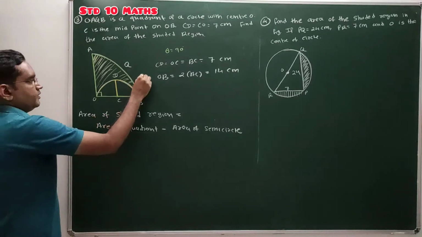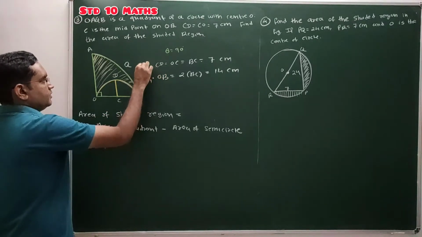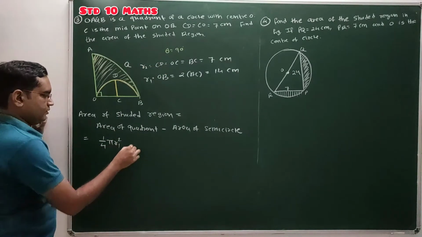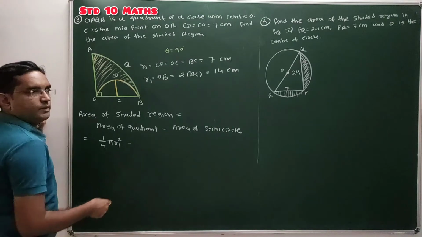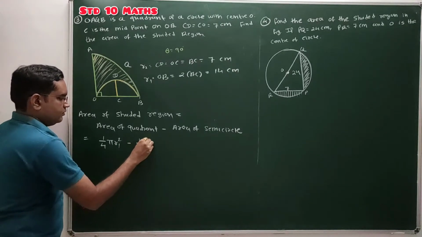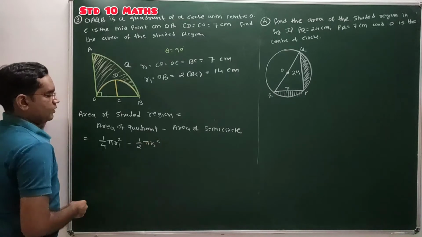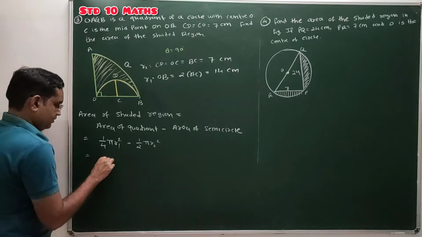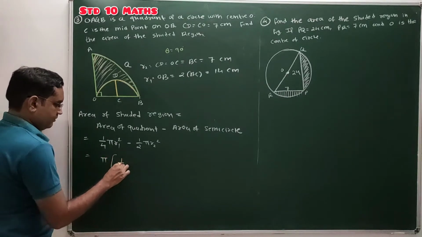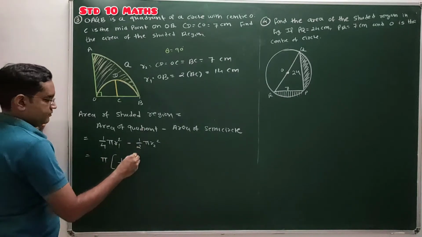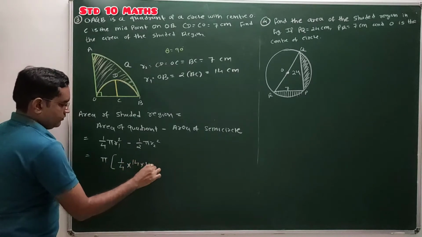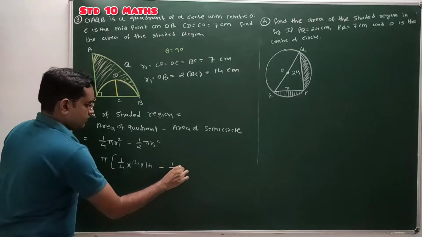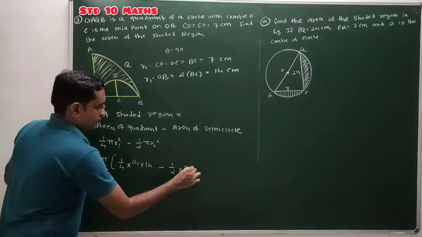Consider this radius as r1 and this radius as r2. So pi r1 square minus area of semicircle, 1 by 2 pi r2 square. So here you can take pi common, 1 by 4 into 14 into 14 minus 1 by 2 into 7 into 7.